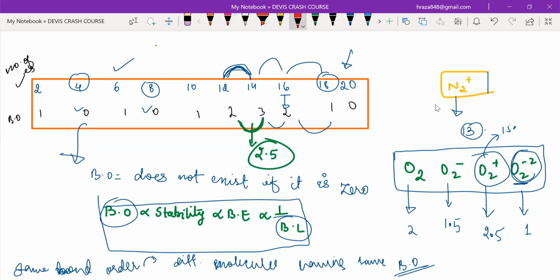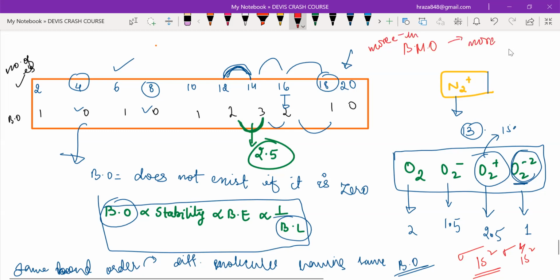At that time, you have to write the configuration, sigma 1s, sigma star 1s2, and so on. The one having more electrons in BMO is more stable, and vice versa: more electrons in ABMO means less stable. So it's very easy.